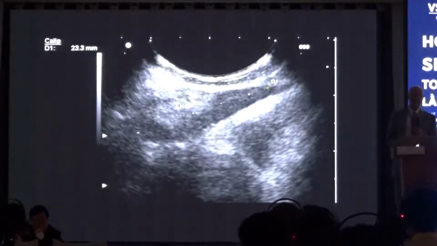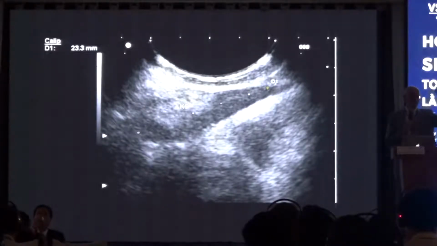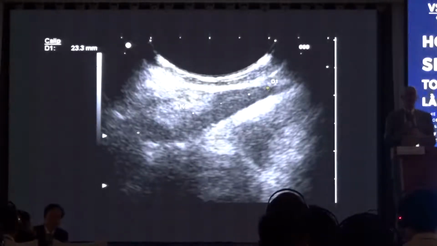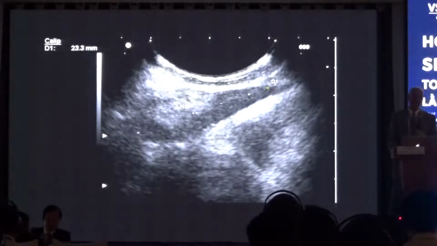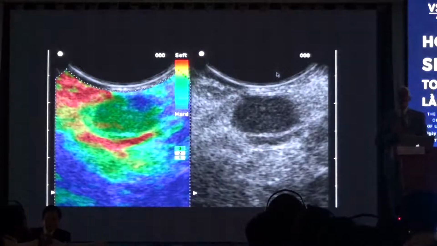This is a take-home message: if you cannot delineate B mode architectural signs of the hilum, look for elastography to delineate the hilum. If you see the normal architecture, you might be quite sure that this is an inflammatory and not a malignant infiltrated lymph node.